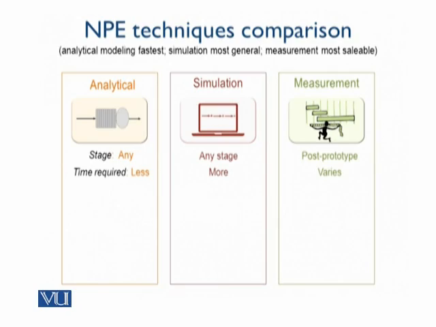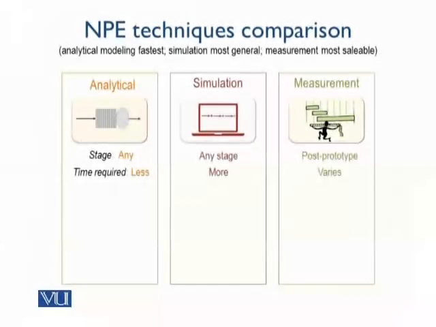Measurement, it really depends, because if your system supports instrumentation and gathering of data, it may not take you a very long time. But if your network performance evaluation study involves also instrumenting the system, then it may take a very lengthy time. So it really depends. The best technique, if we only consider the time, is analytical modeling.